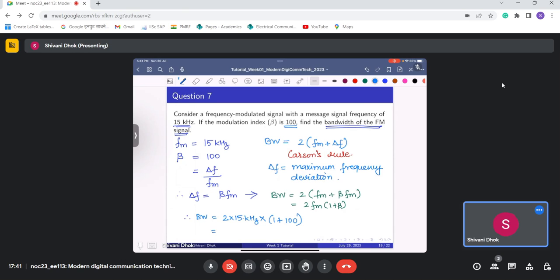So this is 30 into 101 kilohertz, that is 3030 kilohertz or 3.03 megahertz. So this is the frequency modulation bandwidth, the FM signal's bandwidth. Any questions?